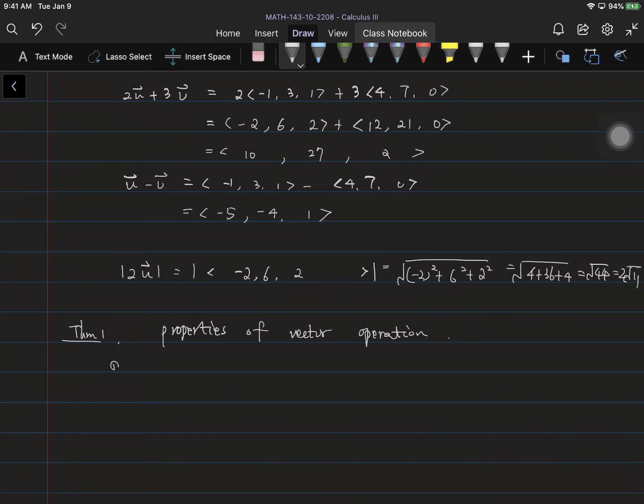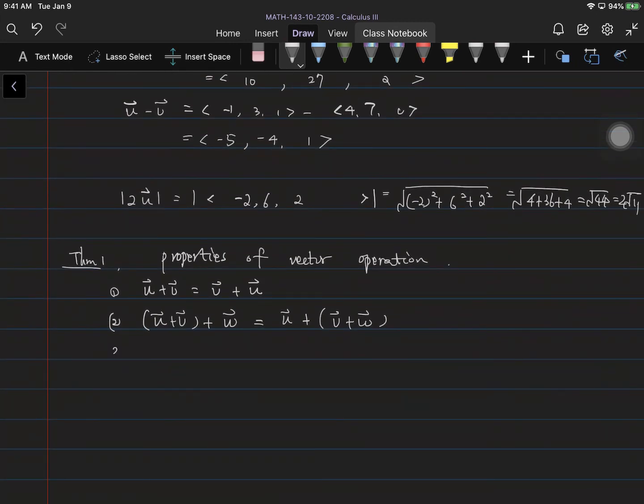Let's see, the first one, u plus v vector is v plus u vector. We can switch the order because it's a sum. The second one, u plus v plus w, we can do the sum of v and w first because it's always the sum, right? This is kind of just a law of the sum.